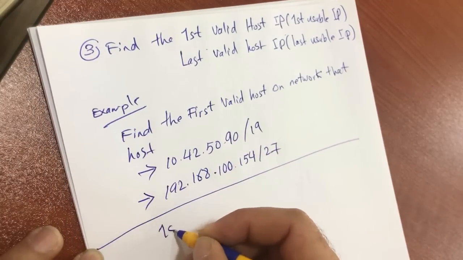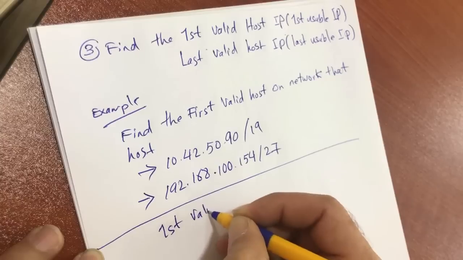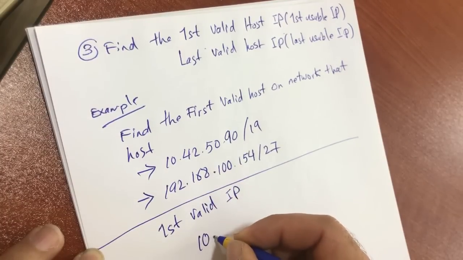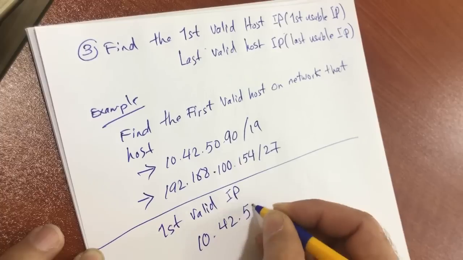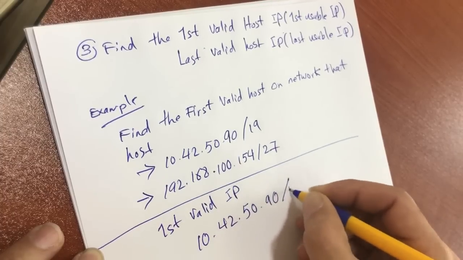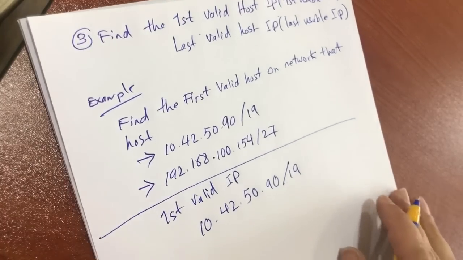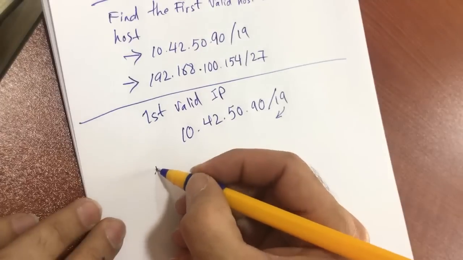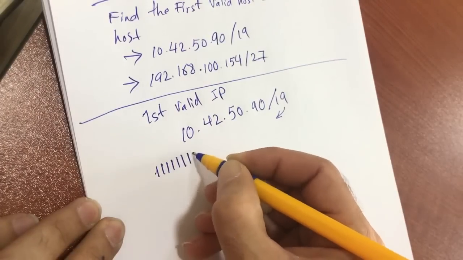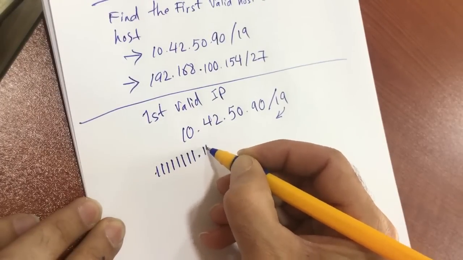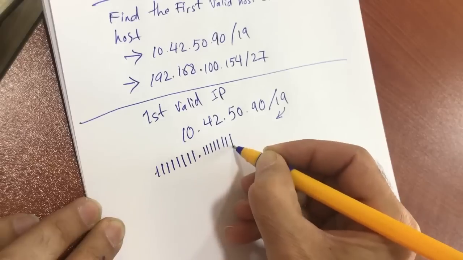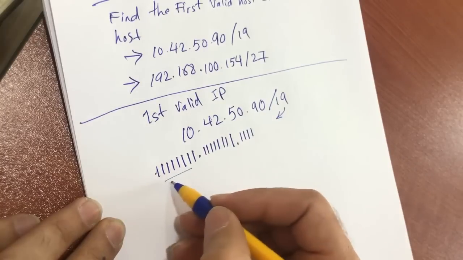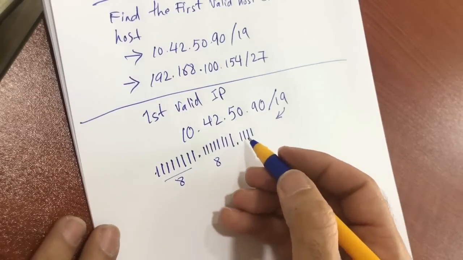If I want to find the first valid IP for this IP address, 10.42.15.90/19, what we do first, we have to find the subnet mask. 1 2 3 4 5 6 7 8. 1 2 3 4 5 6 7 8. 1 2 3. This is 8 and 8, so this should be 3.